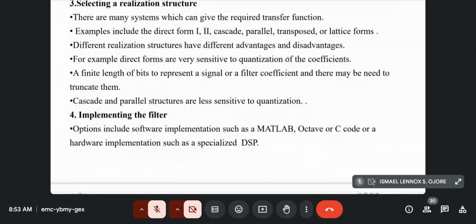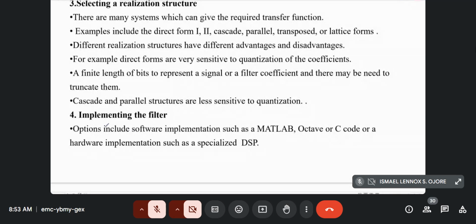So you truncate them, and we won't work it out, but it can be shown that the direct form is sensitive to that quantization. Cascade and parallel structures are less sensitive to quantization. We will get into those structures. Just know that.